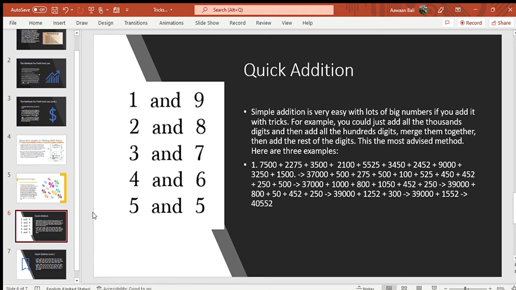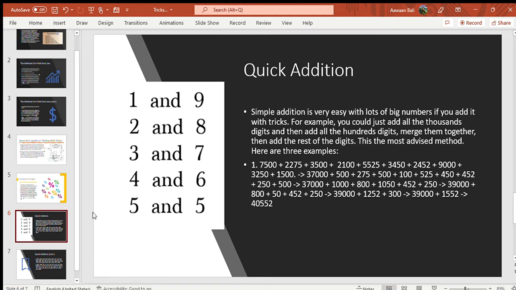Here I made it easy for you because it's with multiples of 5, which means it's easier to add. We have 7,500 plus 2,275 plus 3,500 plus 2,100 plus 5,525 plus 3,450 plus 2,452 plus 9,000 plus 3,250 plus 1,500.